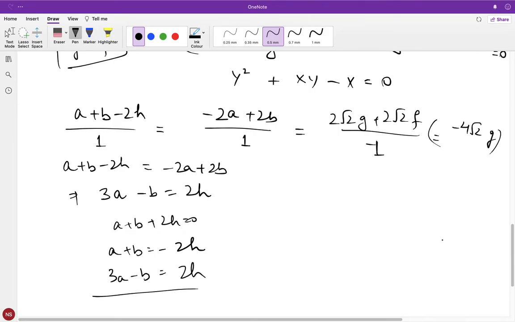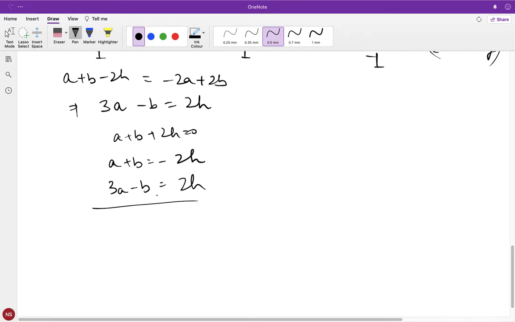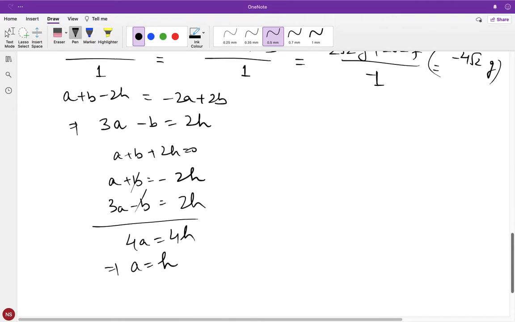When I add these both, what do I get? 4a is equal to 4h. This means a is equal to h. If a is equal to h, then what is b? From here we can calculate 3h minus b is equal to 2h, or b is also equal to h. a is equal to h and b is equal to h.